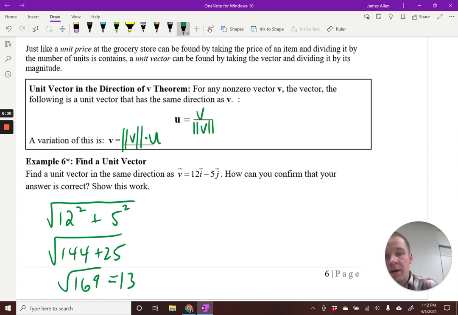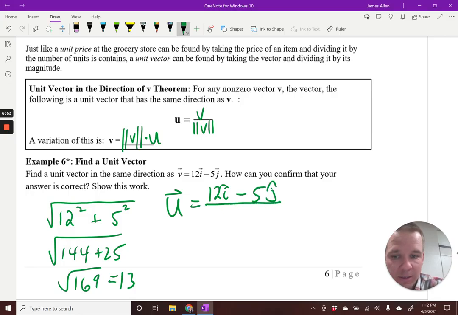All right. So my unit vector is going to be our vector of 12i hat minus 5j hat over my magnitude, which is 13.